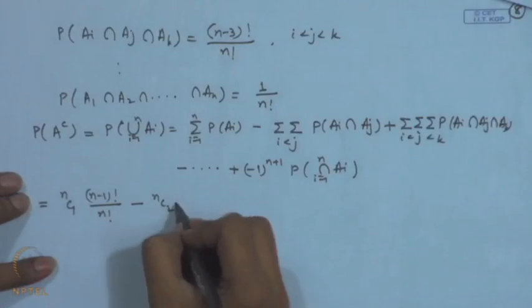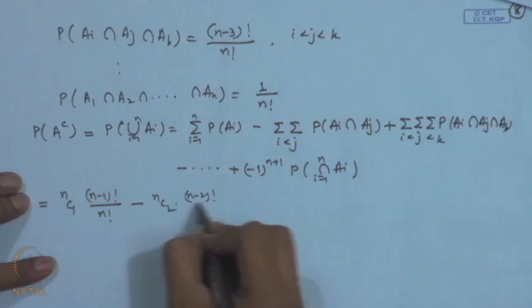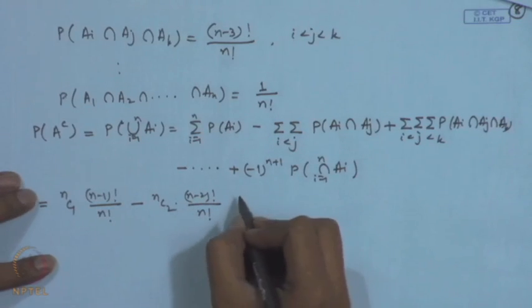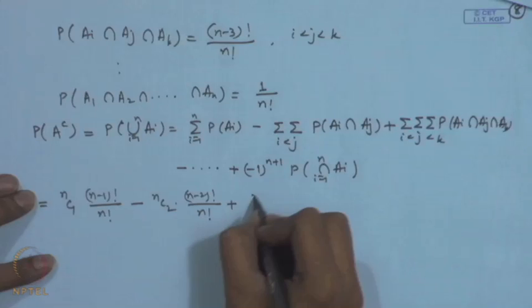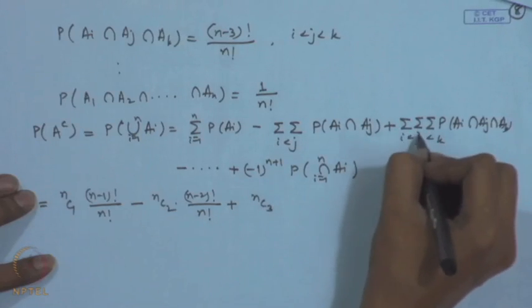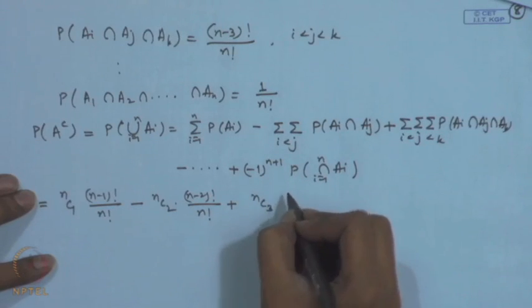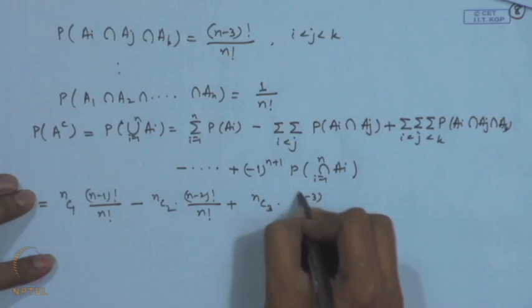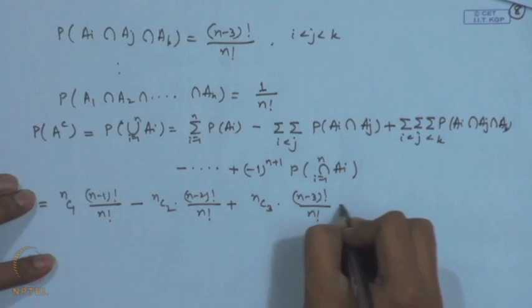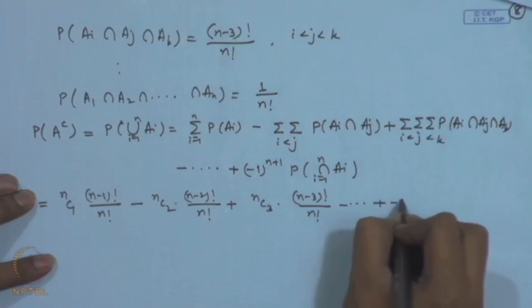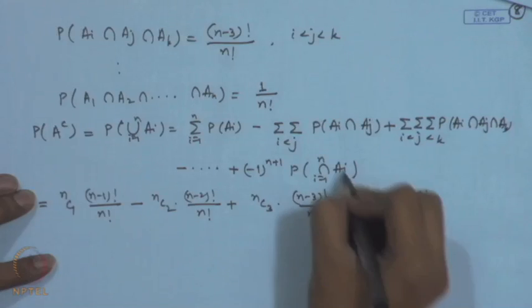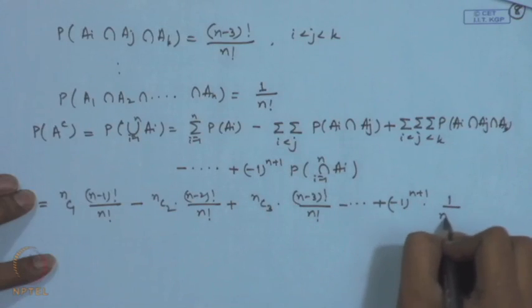So, this is nC2 times n minus 2 factorial by n factorial, plus nC3 terms, n minus 3 factorial by n factorial and so on, and this is simply one term.